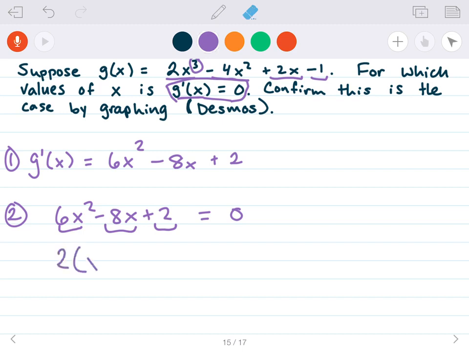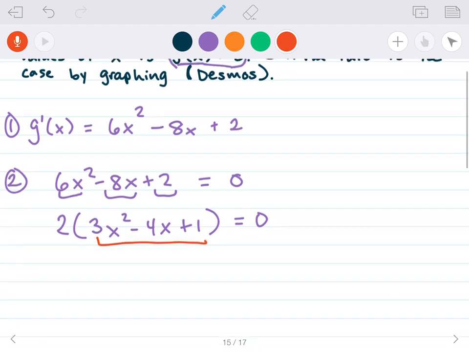And what's left on the inside of the parentheses is 3x squared minus 4x plus 1. Okay. So now this is better because what I have is a prettier looking quadratic. I might be able to factor this, but you can just as easily use the quadratic formula, I think.